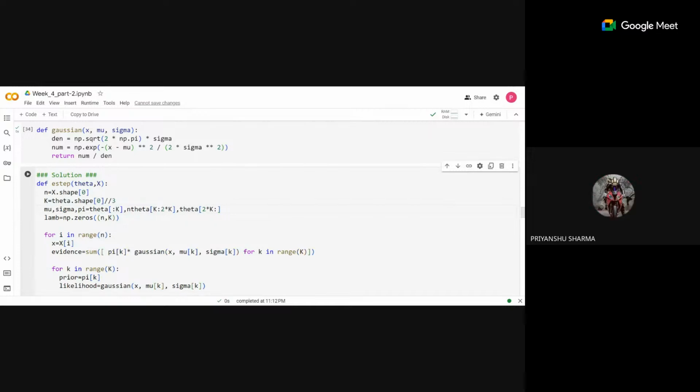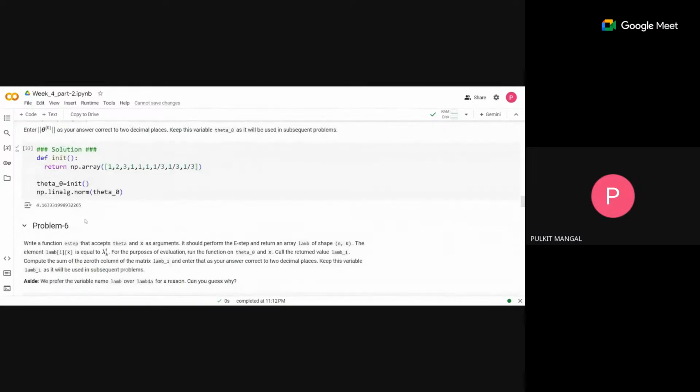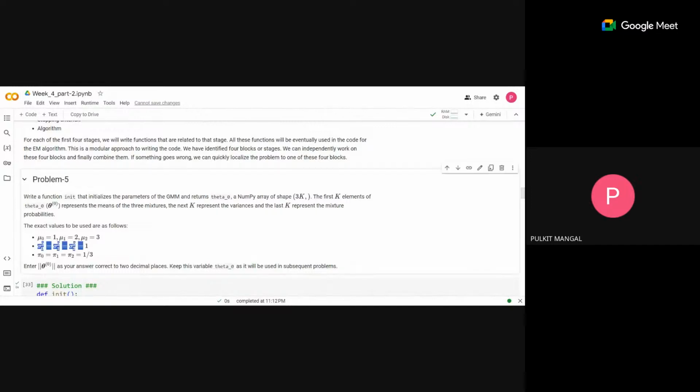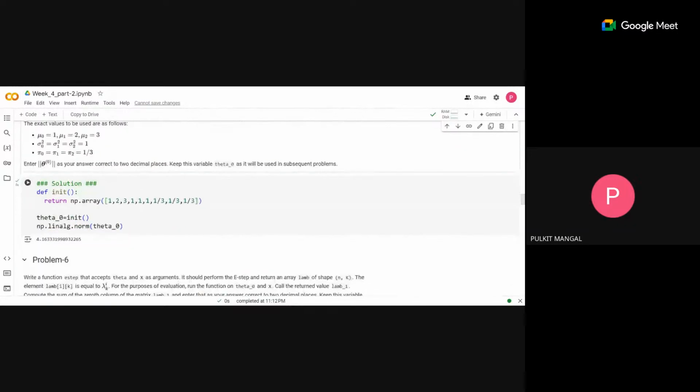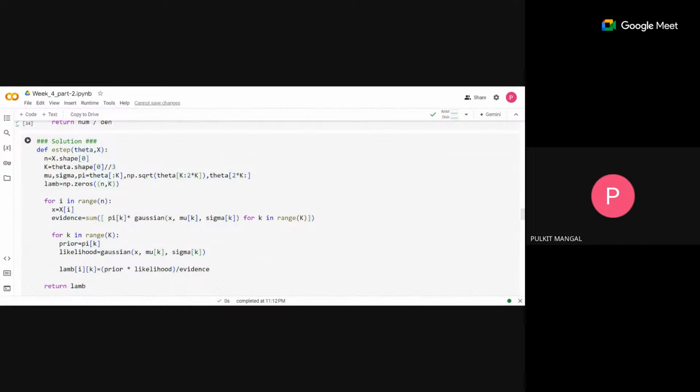Okay, sir, that's the problem. Here it did not matter because all our sigma was 1, so even the square root was the same. All the sigma that was given to us is 1, so it did not matter that much. That's why we got the answer to be correct, but still.